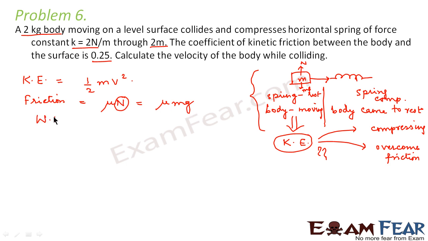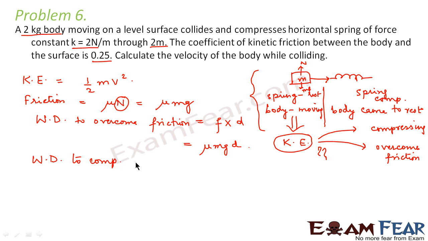So work done to overcome friction will be equal to frictional force into displacement. Now frictional force is mu mg into displacement. Now let us see the work done to compress the spring. So work done to compress the spring will be equal to half into k into d square, where d is the displacement.